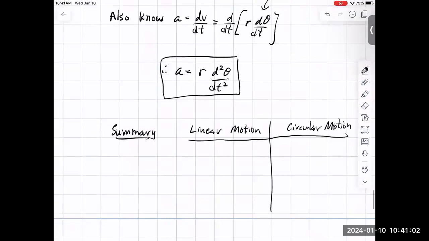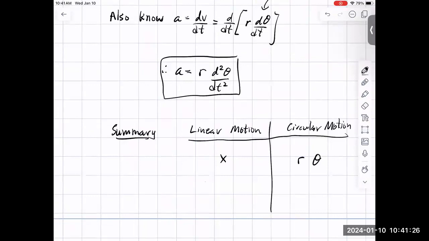So in linear motion, we had a position x. In angular or circular motion, what we talk about is an angular position theta. And if we want to connect the two, what we had to do is multiply by the radius of the circular motion.